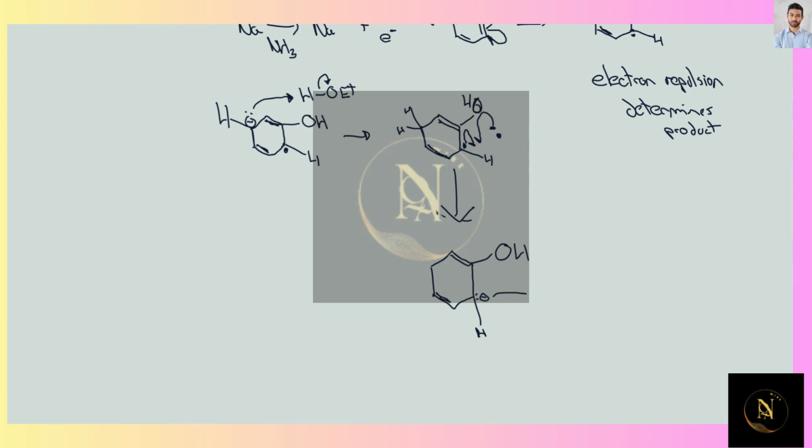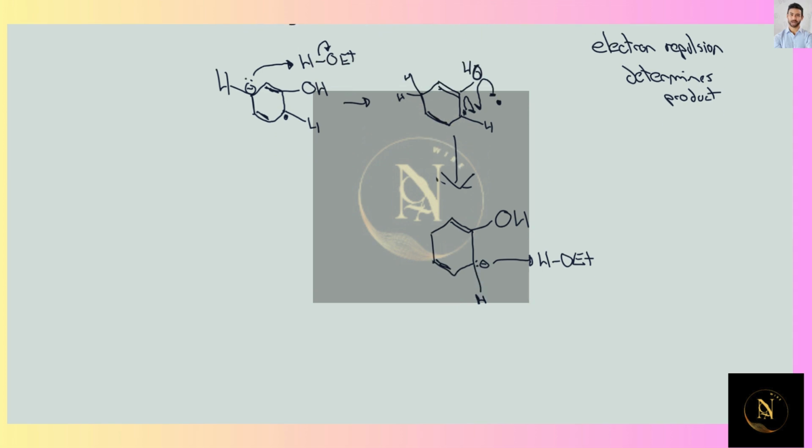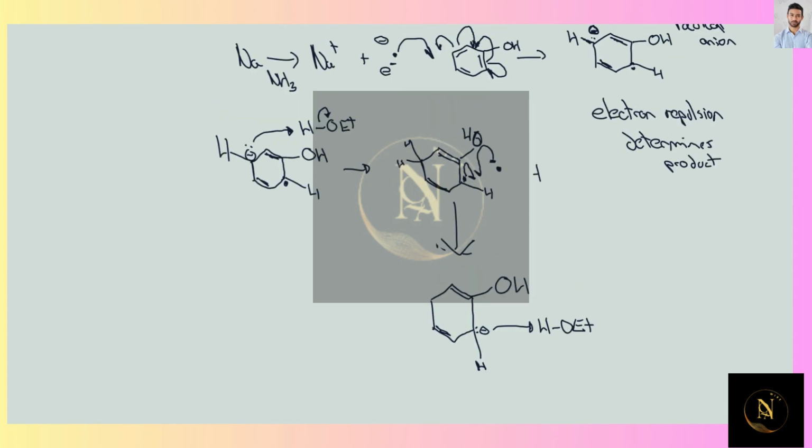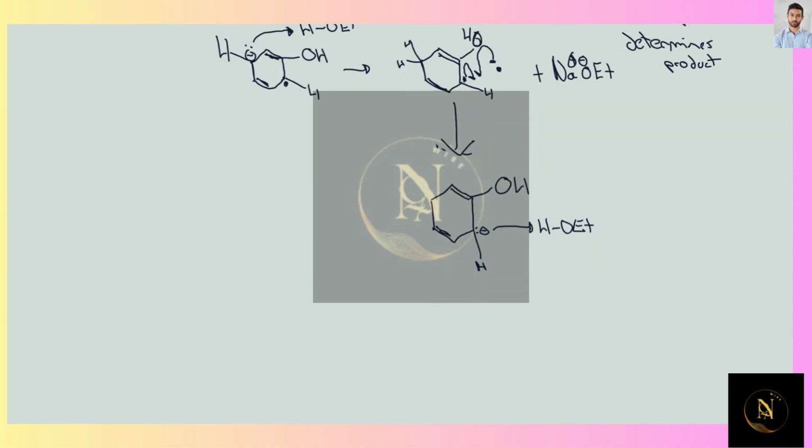So again, now this pair of electrons is going to attack one of the hydrogens of the ethanol, and with this we are going to be done. Remember that the ethoxide ion that is going to be generated is going to be neutralized with sodium, so essentially we're going to get sodium ethoxide on each of the steps.